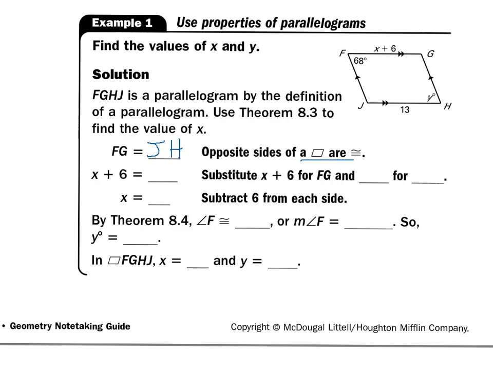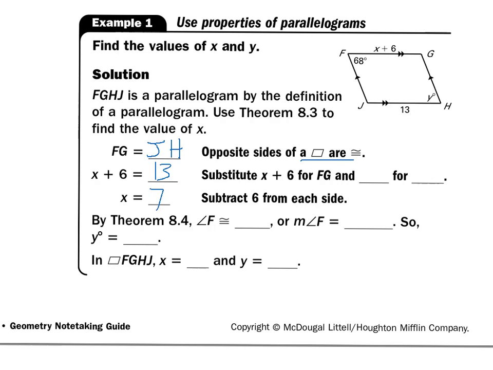We didn't put a line above FG and JH this time because we're talking about the measure, not the shape or the size of it. So we know that x plus 6 is the same as JH, so 13. And so x must be equal to 7.